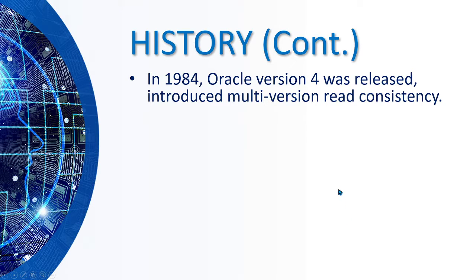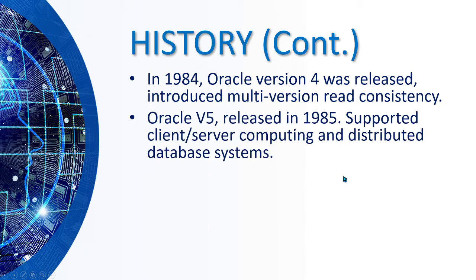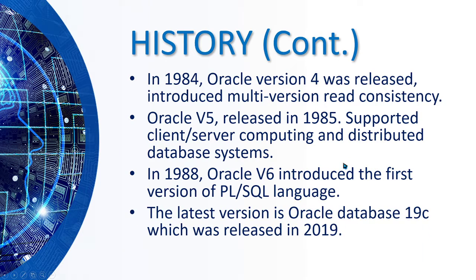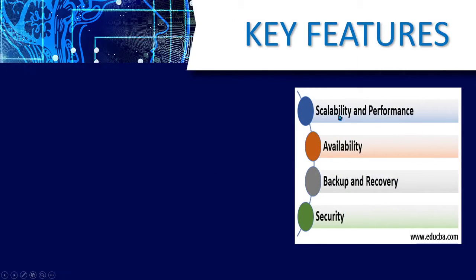Version 4 was released in 84, and 1 year later Oracle 5 was released, and this supported client-server computing and distributed database systems. In 1988, Oracle version 6 introduced the first version of the PL/SQL language, and today's database 19c was released in 2019.